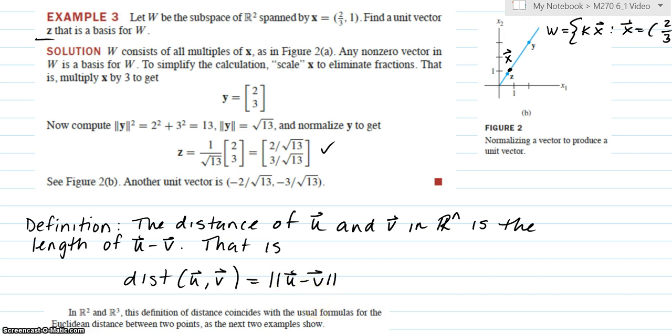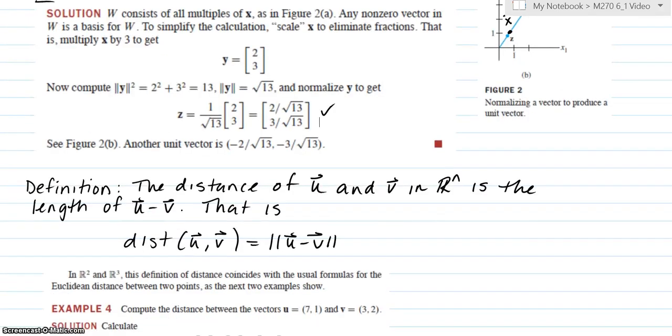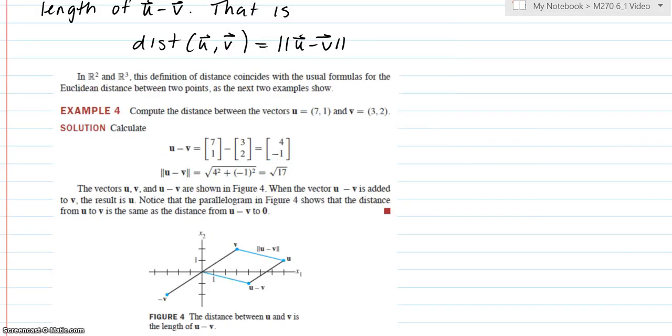And I realize that in Rn, you can't visualize that length unless it's in R2 or R3, but still that is the definition. That's why it says in R2 and R3, the definition of distance coincides with this formula, as you can see in the next example.